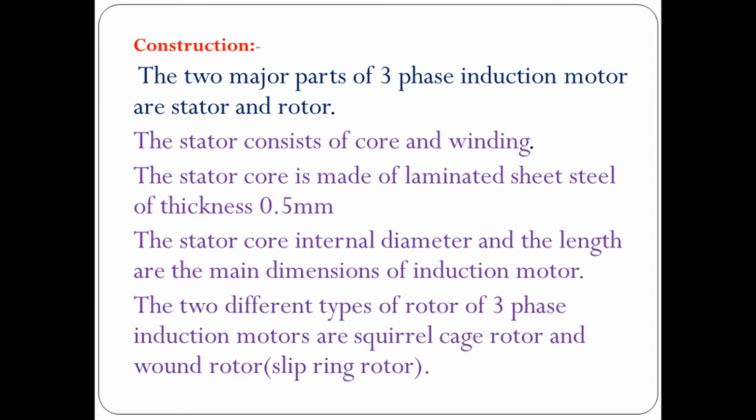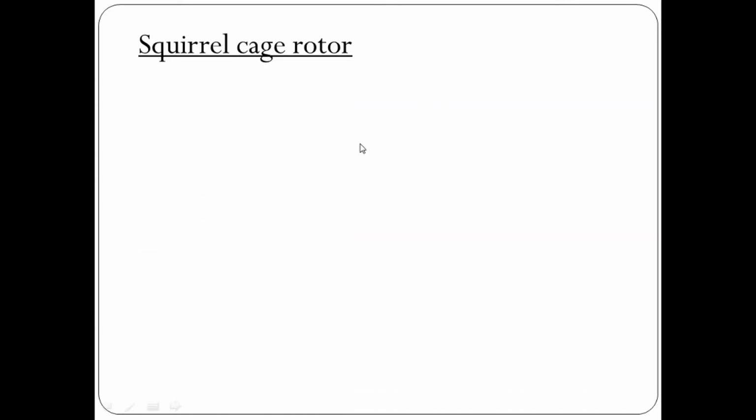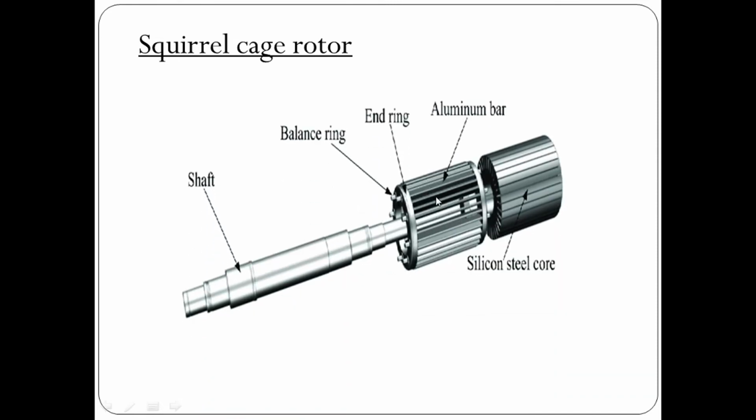Correct. The two different types of rotor of three-phase induction motor are squirrel cage rotor and slip ring rotor. Now coming to the squirrel cage rotor, this is a typical figure of a squirrel cage rotor of an induction motor.